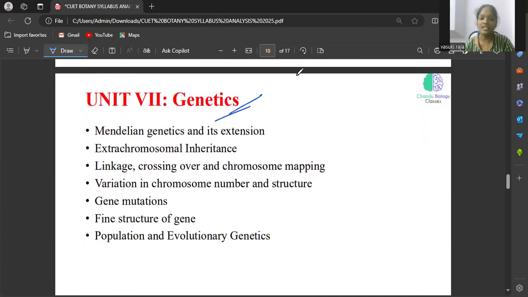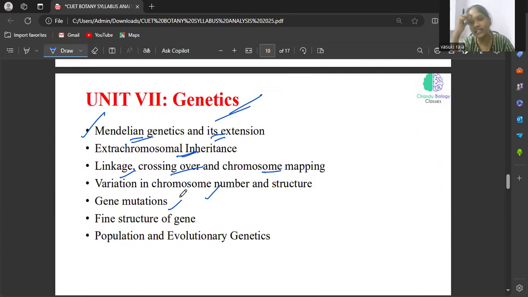Genetics: in the same way, whenever we start reading about genetics, we have to focus mainly and start from Mendelian genetics. It is mandatory. Without Mendelian genetics, we can't read about genetics. So first, Mendelian genetics and its extension. Then extrachromosomal inheritance, linkage, crossing over, chromosome mapping, variations in chromosomal number and structure, and gene mutations.